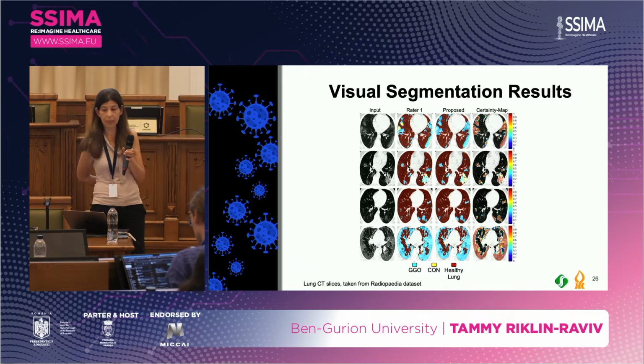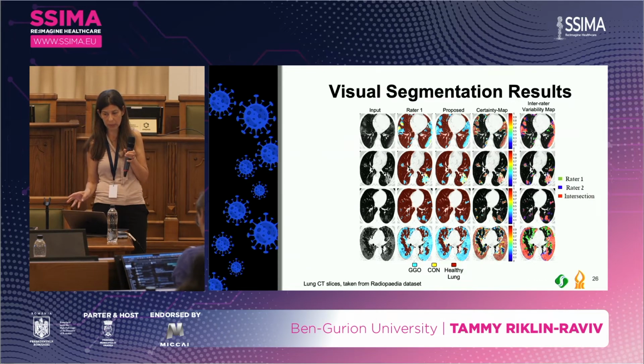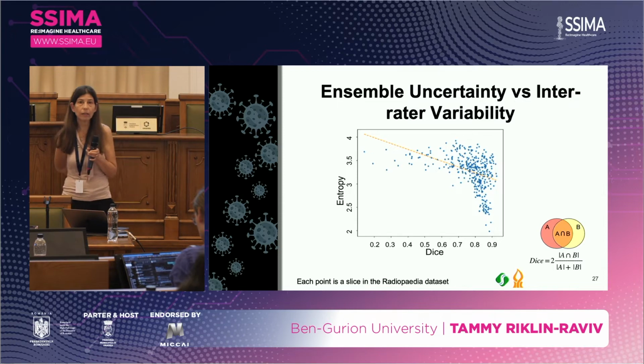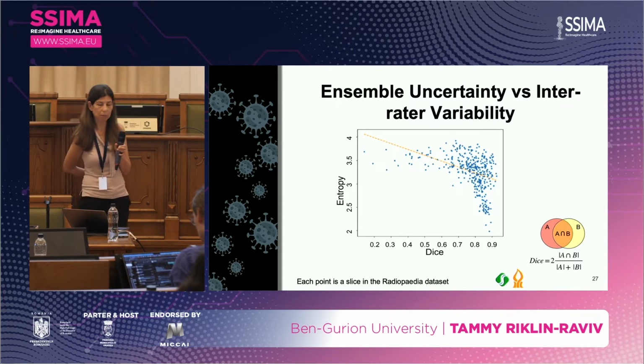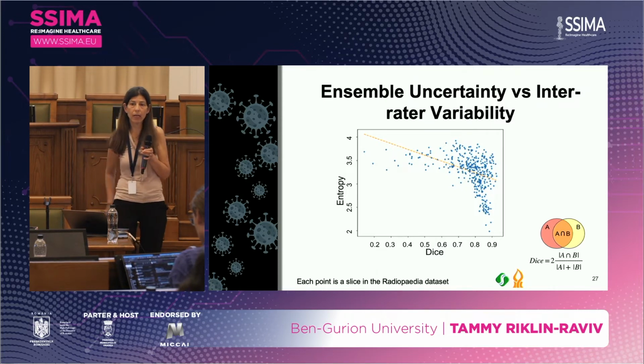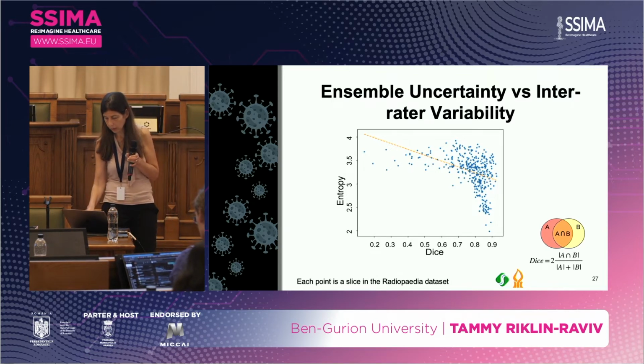Now, you can see the certainty map and compare it to inter-rater variability, and visually it looks nice. The question is, what about a quantitative measure? So we did it. We took the ensemble soft maps and calculated the entropy, and compared it with the dice loss. The dice loss was easier to compare between two different raters, and you can see that these two are correlated.